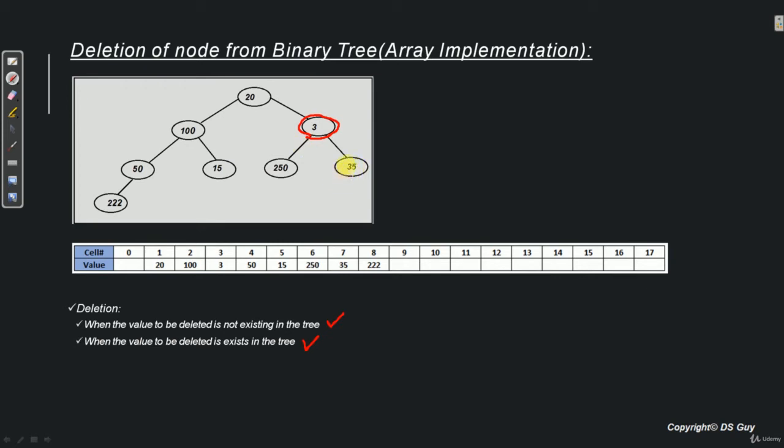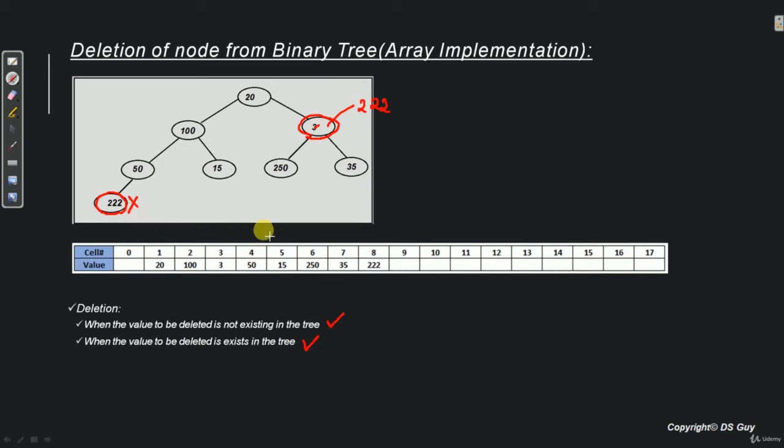So what we do is we find the deepest node, replace the value of the deepest node over here, and then we delete the deepest node. Now what is the deepest node in this tree? It is 222. Now all that we have to do is replace this 222 value from there, put it over here, so this becomes 222. And now we can safely delete this node over here.